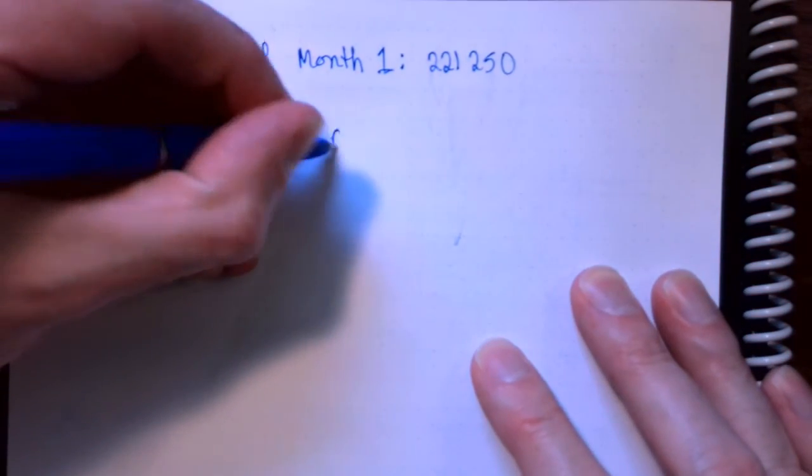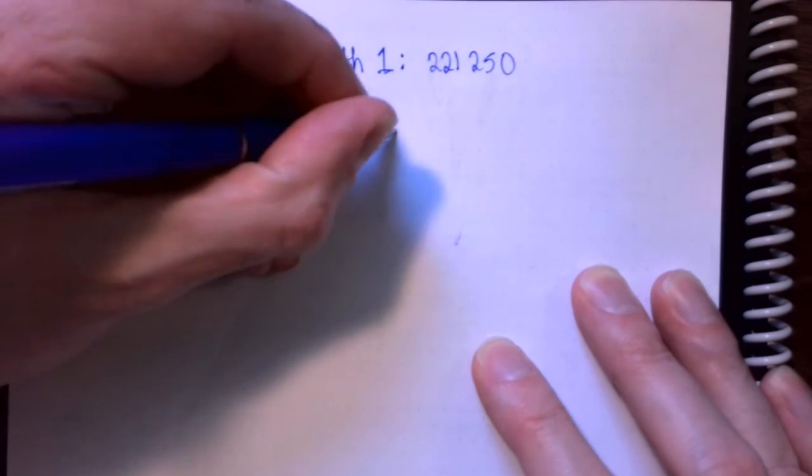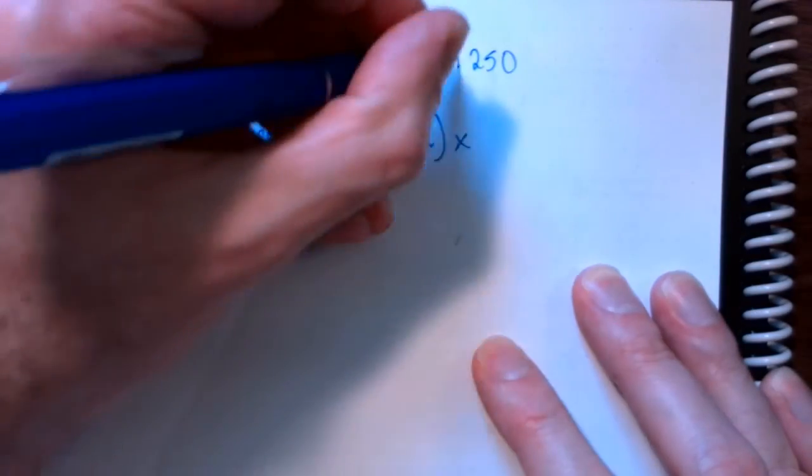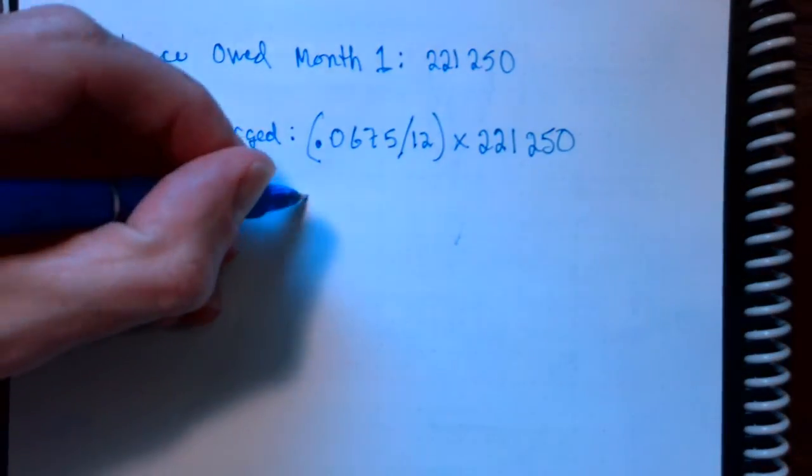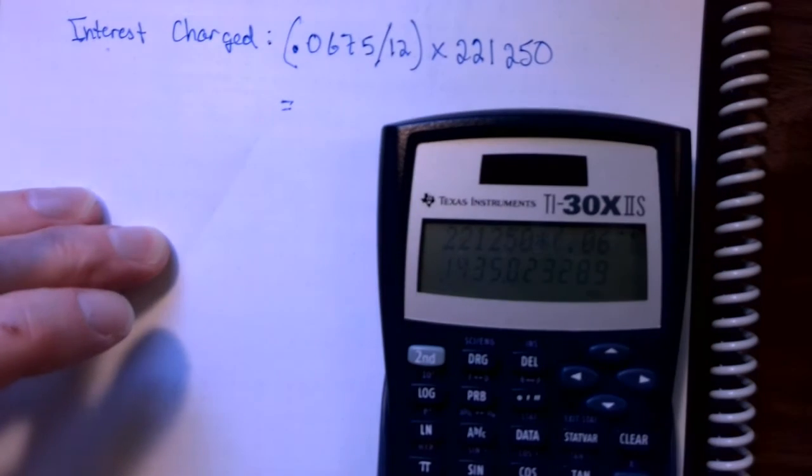Okay, so the interest charged on your first month is going to be 0.0675 divided by 12 times the balance that you owe. Okay, do a little calculation here.